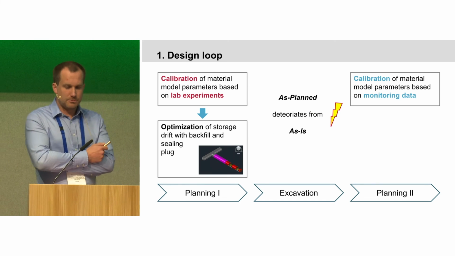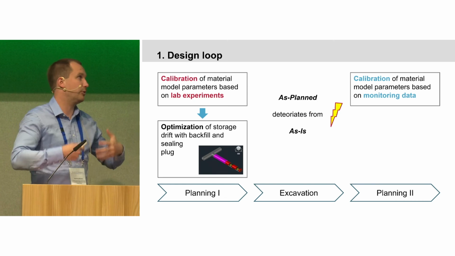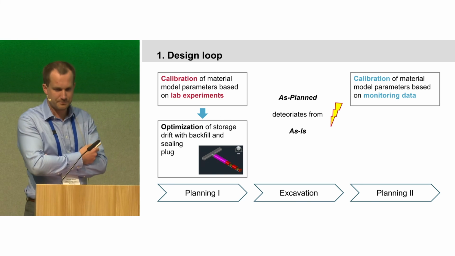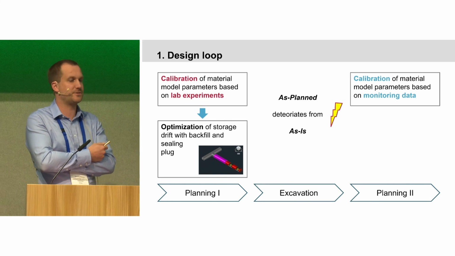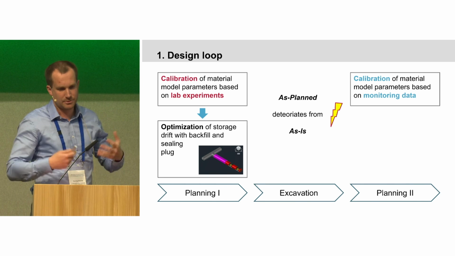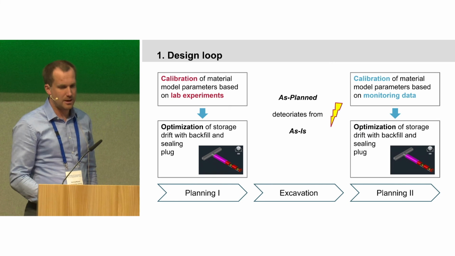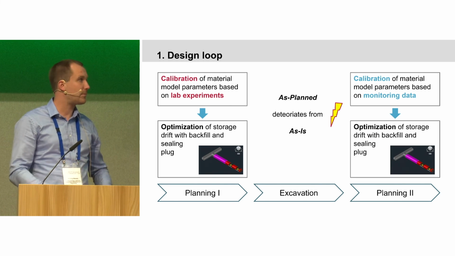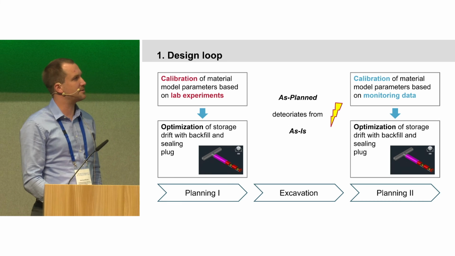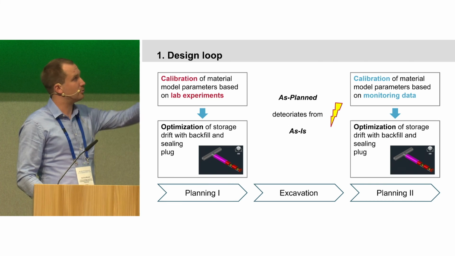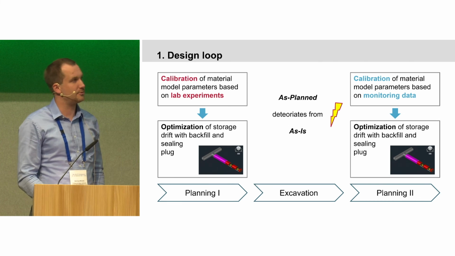So what can we do? We can do a second calibration phase of the model parameters based on monitoring data. So we could measure the actual drift of the storage, and then we can do another optimization loop and optimize our layout according to the actual conditions.